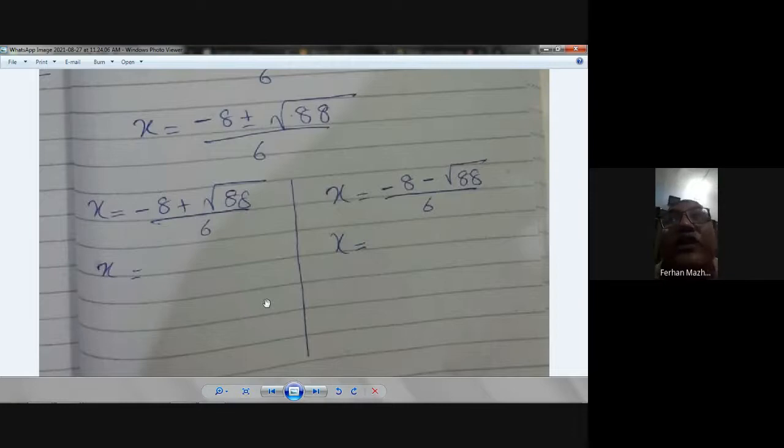Note it down. Then do the next calculation. It's minus 8 minus under root 88 divided by 6 equals to minus 2.89.